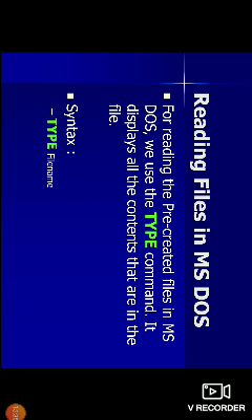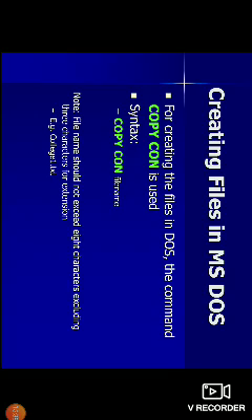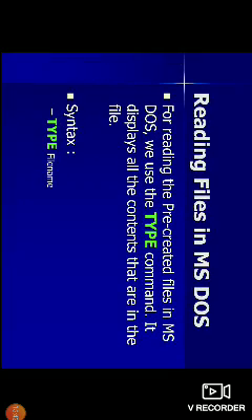Here we have already created a file, college1.txt. Now I want to display the contents of the college1.txt file. In the command prompt, type type space college1.txt, and then press the enter key. Now it displays the contents of the college1 file.